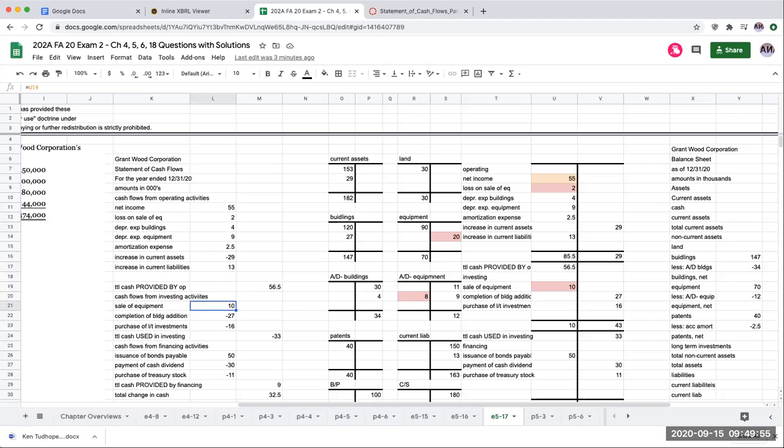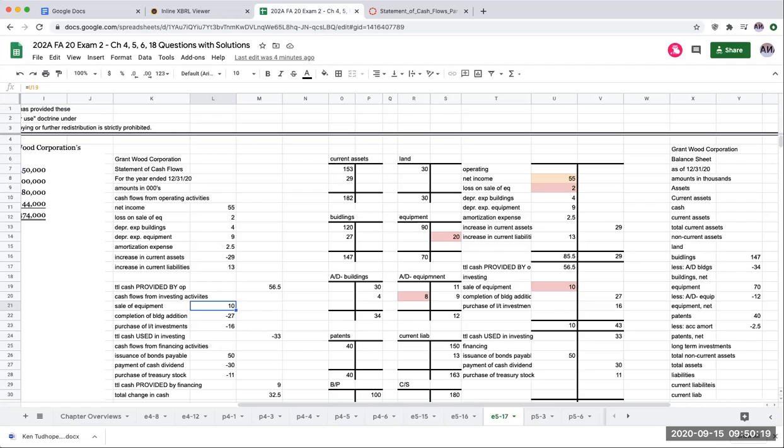So we're square there. Sale of equipment, addition of building, investment in stock, net cash used in investing activities, we're square on that one. Purchase of treasury stock, all good there. Net increase in cash.